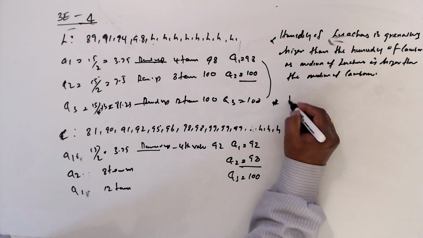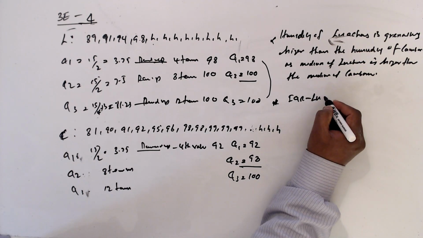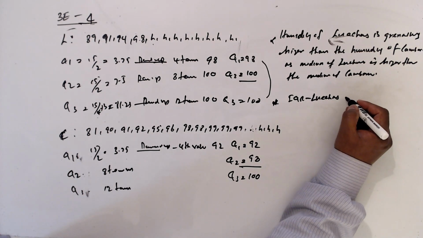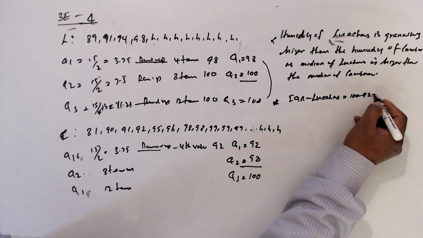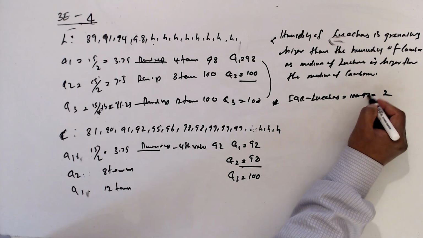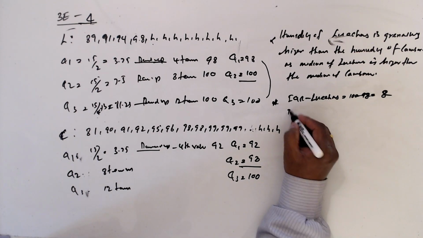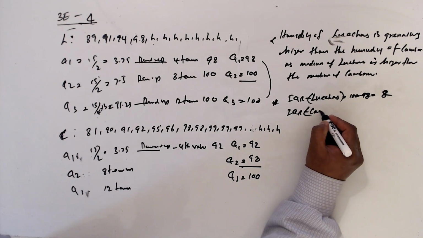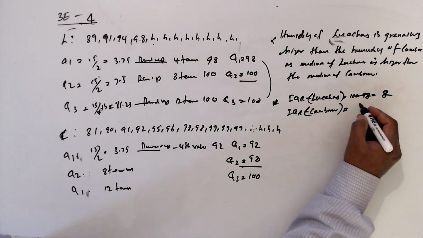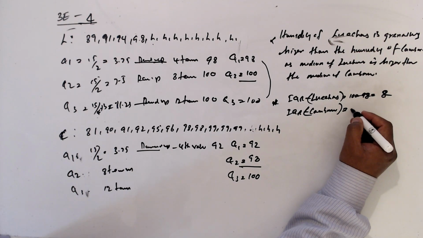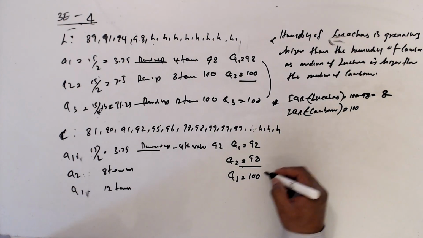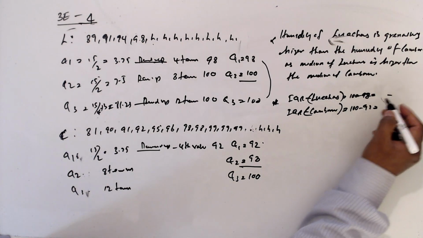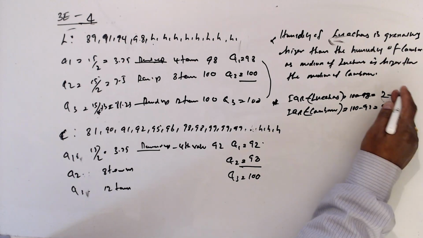IQR of Lucas is 100 minus 100, which is 0. IQR of Cambon is 100 minus 92, that is 8.